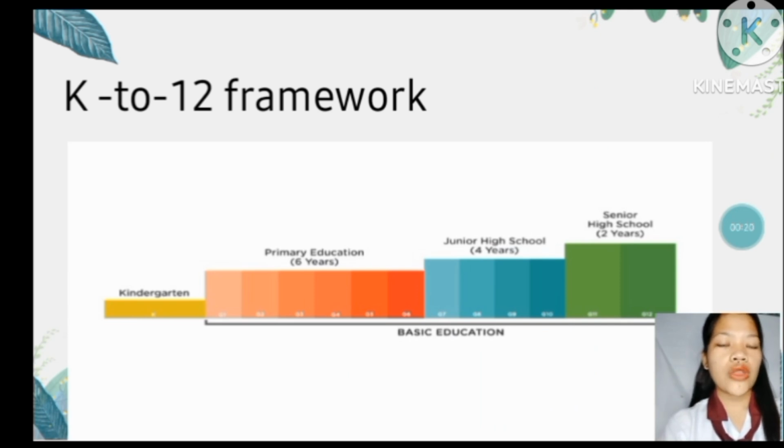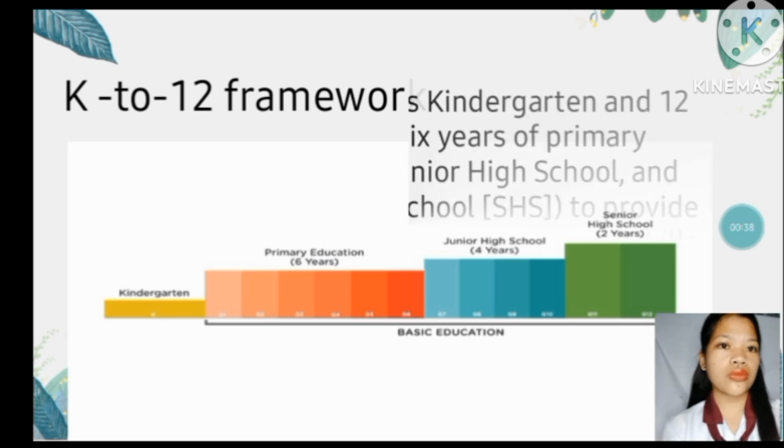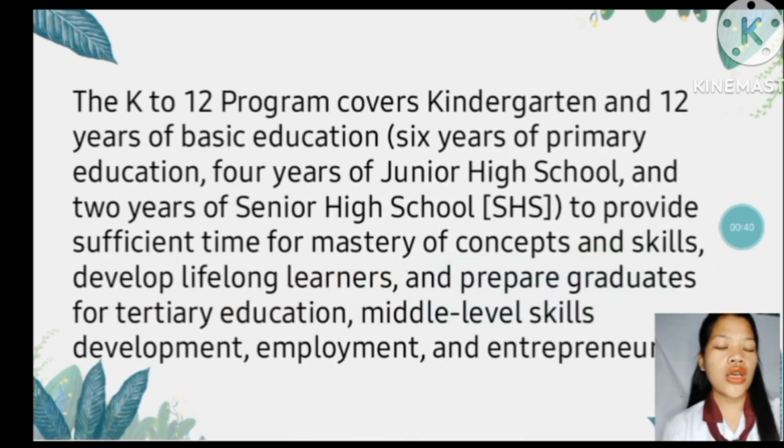K-12 framework. So the kindergarten is 1 year and the primary education 6 years. Junior high school is 4 years. And the senior high school is 2 years. These are the basic education.